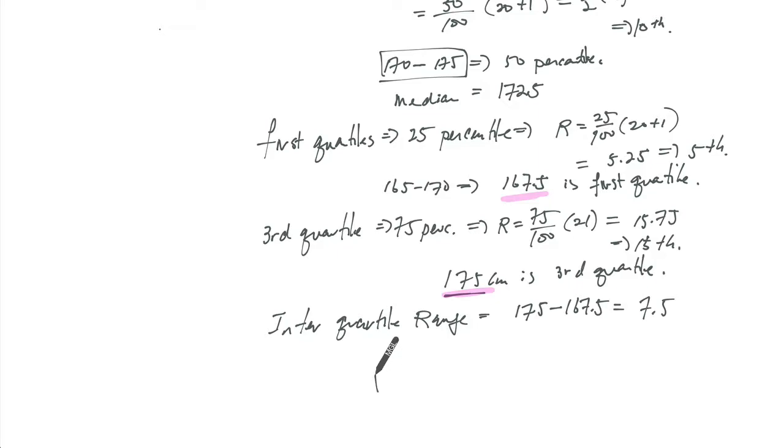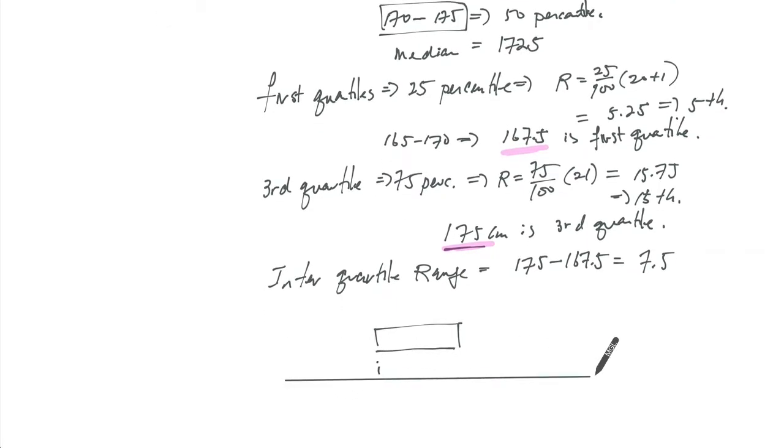So that means, okay, the first quartile is 167.5 and this is 175. Okay, this right here, this width is the interquartile range.